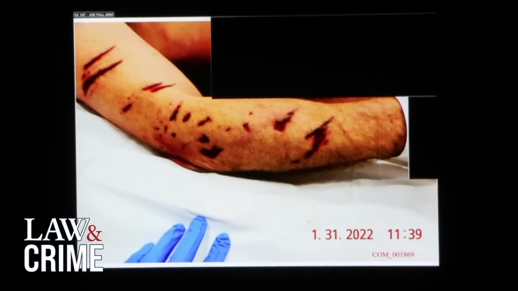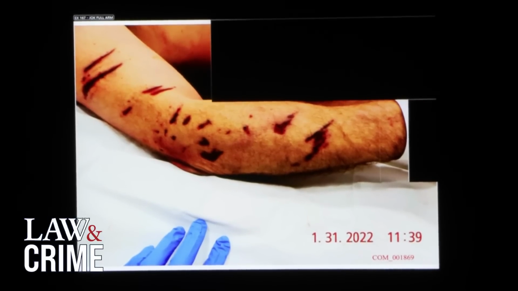Well, first let's start, what is it, and then how do you recognize it? It is a picture of the decedent's right arm and forearm. Now, without stating what it is, have you been able to form an opinion as to the source and nature of the wounds that are depicted in that exhibit? Yes.